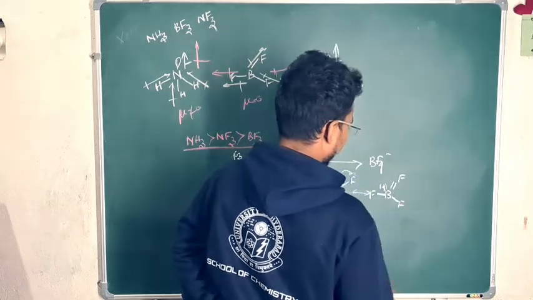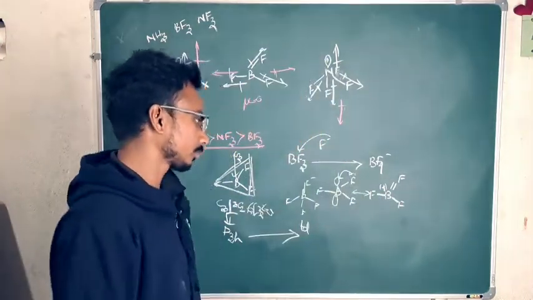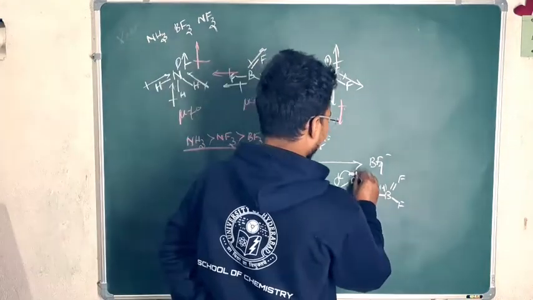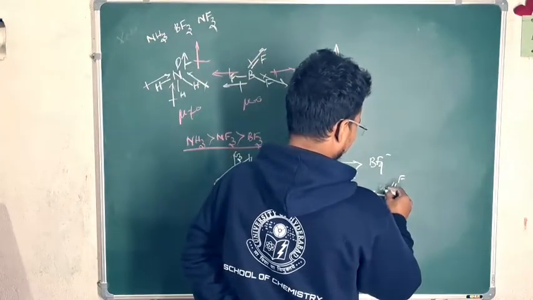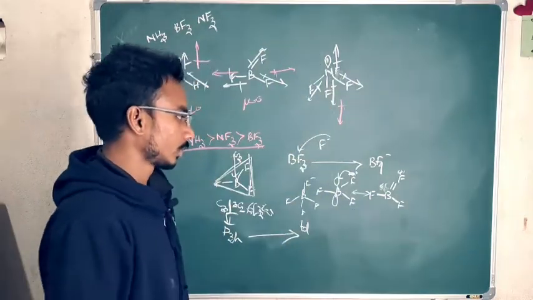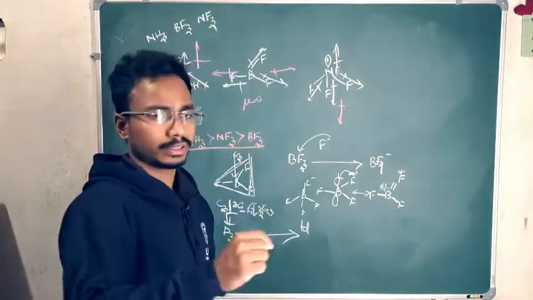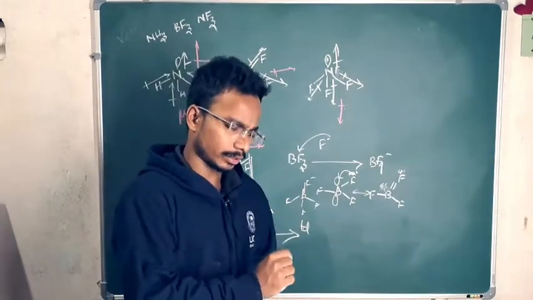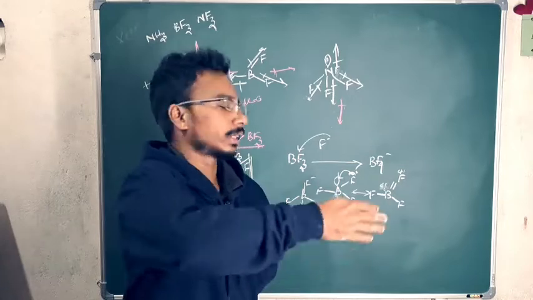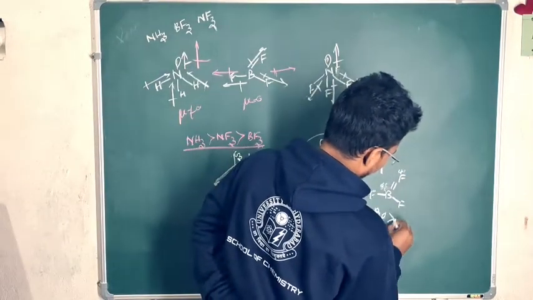Every fluorine atom is getting partially double bond character, which means the bond order is greater than 1.